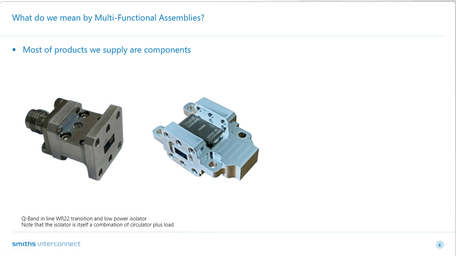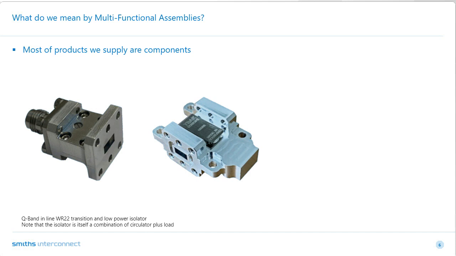The Q-band products, so working around about 40 gigahertz. On the left-hand side, you've got an inline transition, and then you've got an isolator. And you can do lots of various things with these devices. In this case, our customer, they were looking for a coaxial isolator. And a coaxial isolator with a very high specification is a very challenging product.